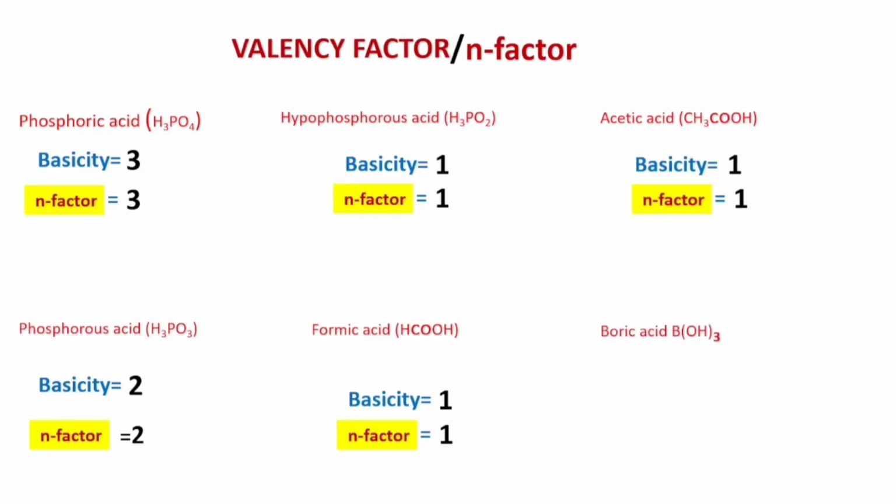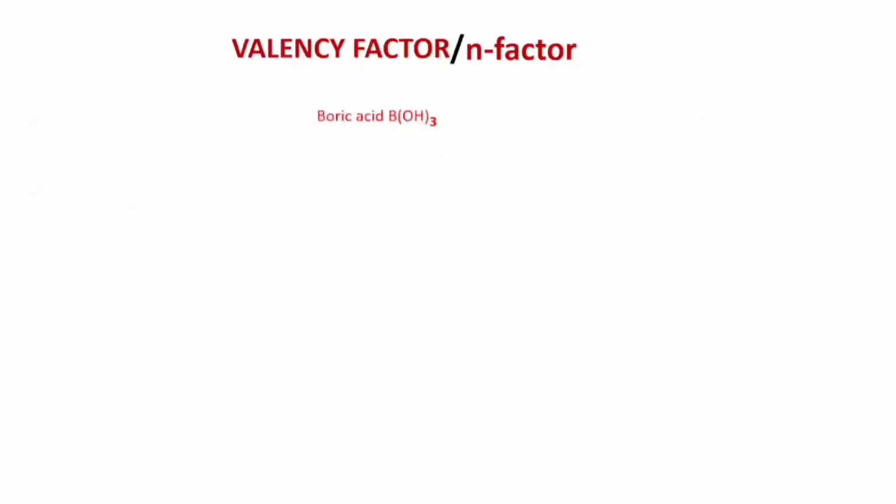The last example I would like to give you, as an exceptional case, is boric acid. In its molecular structure we see that there are 3 hydroxyl groups bonded to the central atom boron.